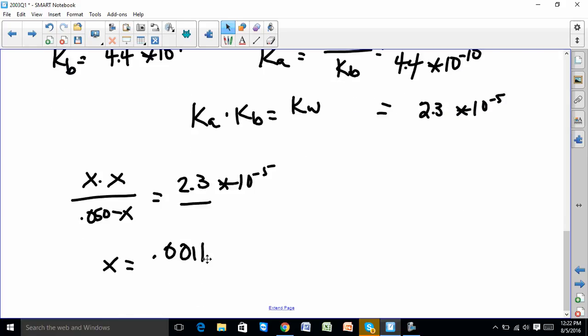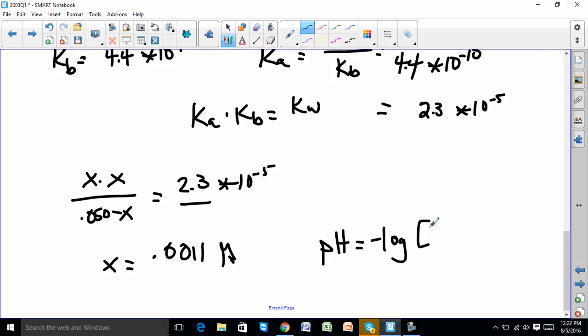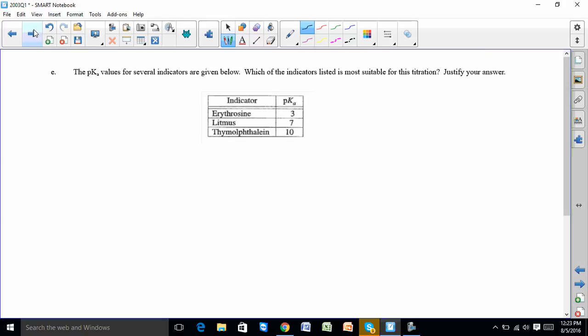So X is this, and it was defined as molarity. But again, it asks for the pH. So the pH is the negative log of the H+ or H3O+ concentration. And so the negative log of 0.0011 is 2.96. Remember, only this has 2 sig figs, and so only the numbers after the decimal point count as significant. This is a tough problem, guys.